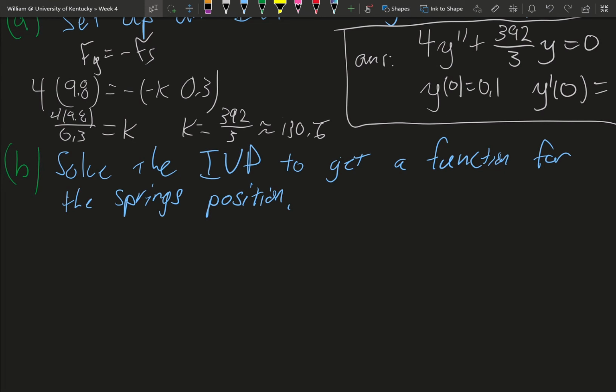All right, then we want to solve the IVP to get a function for the spring's position. So let's go ahead and do that. We'll just 4r squared plus 392 thirds.